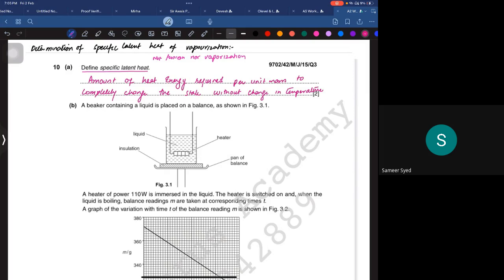Let's suppose we started with some mass M. As the liquid boils, particles leave, so you will see a decrease in mass. So at regular time intervals, we are checking the decrease in mass. Then we can find the latent heat of vaporization by finding that change in mass and how much energy we've supplied in a certain amount of time.